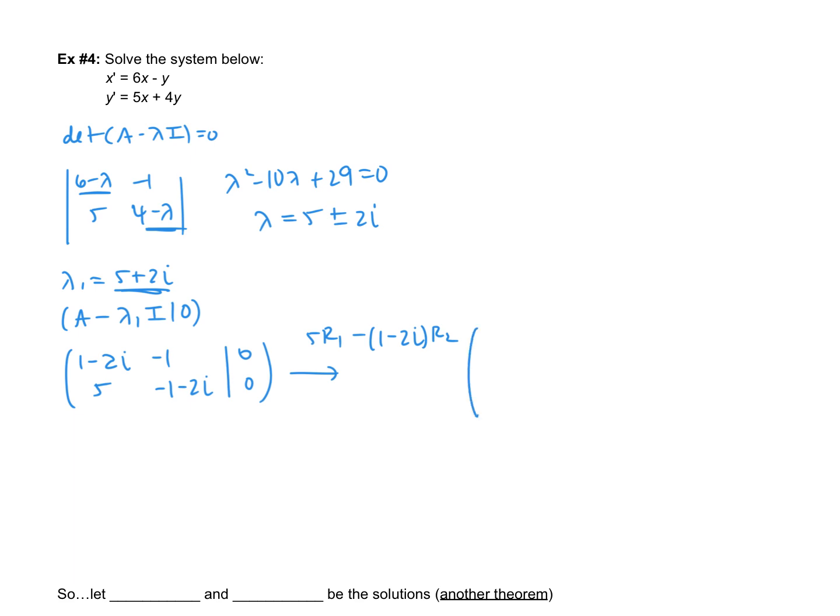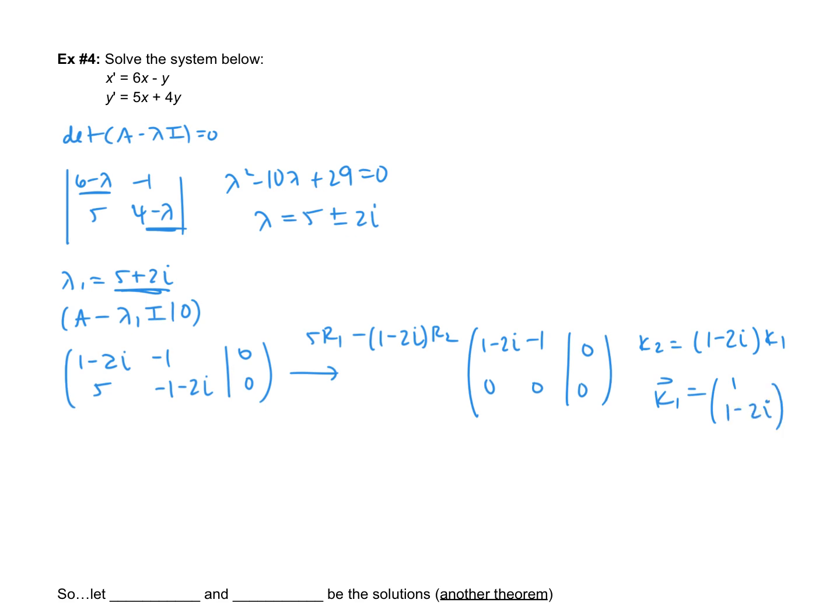If you trust me, you get zeros on that bottom row. The top row, we just keep the same. So what that shows me then is that k2 is 1 subtract 2i times k1. So I get my first eigenvector then if I choose k1 to be 1. K2 then is 1 subtract 2i.